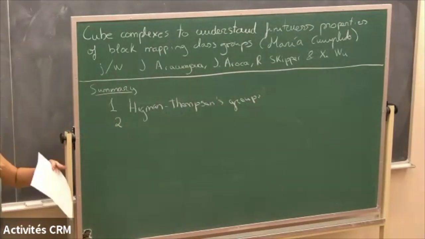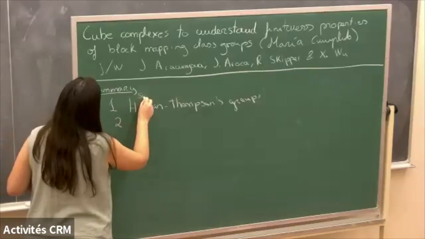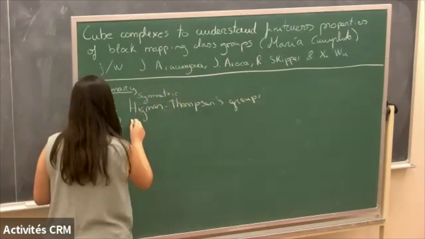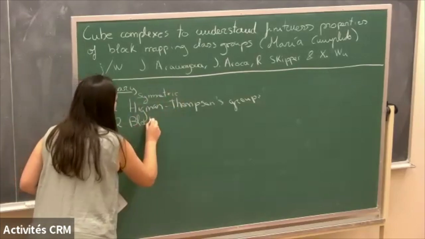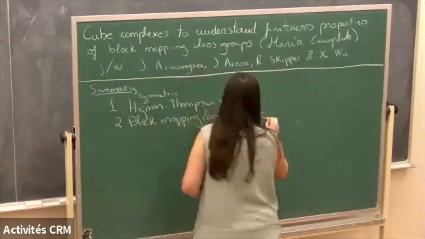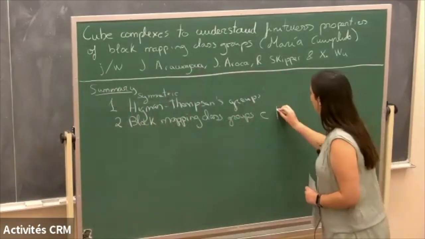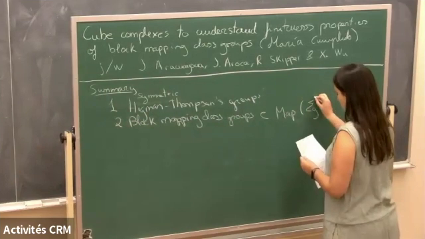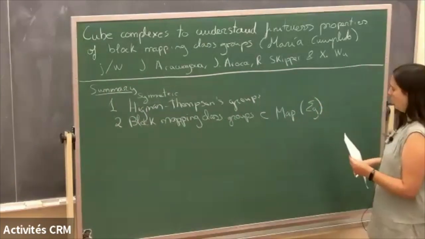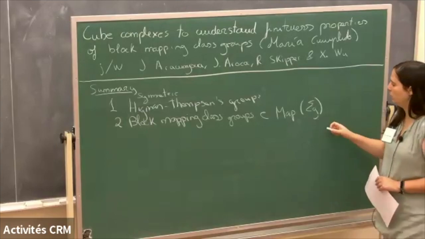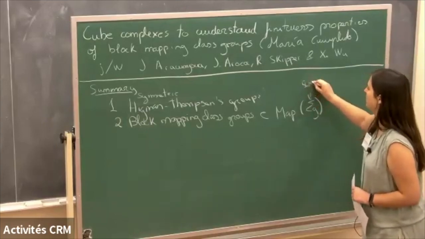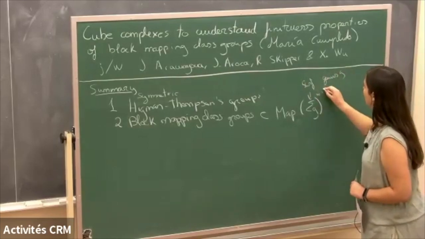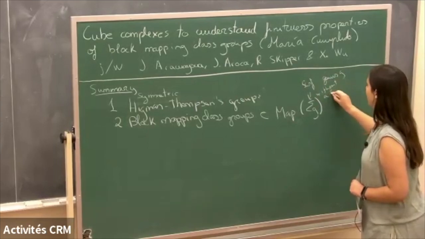We'll see why block mapping class groups are a generalization of symmetric Higman-Thompson groups, and these are subgroups of mapping class groups of surfaces of genus g with a Cantor set removed.